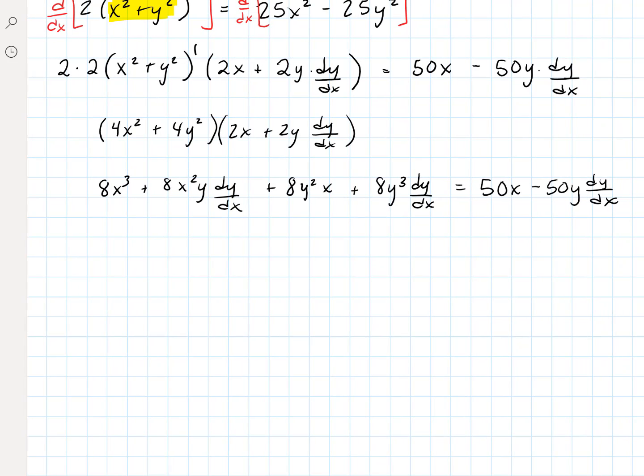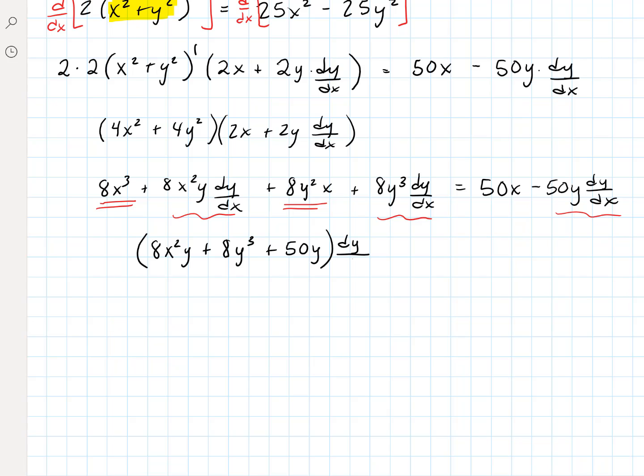So why don't we bring all the terms that have a dy/dx to one side. So let's bring this 50 over and factor that out, and bring these terms that do not have the dy/dx to the other side. So we'll subtract those two terms to the other side where the 50x is. We'll add the 50y dy/dx. So I'm going to do a couple things at once here. I'm going to write 8x squared y plus 8y cubed plus 50y.